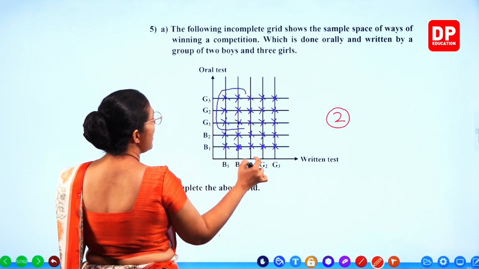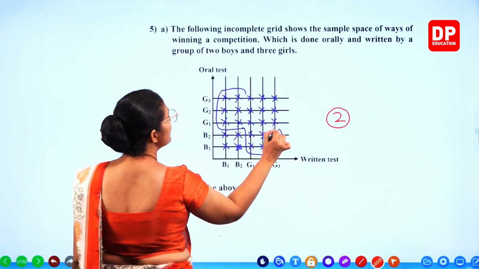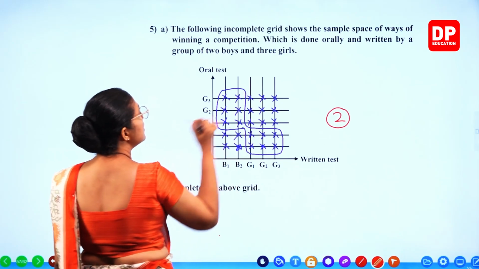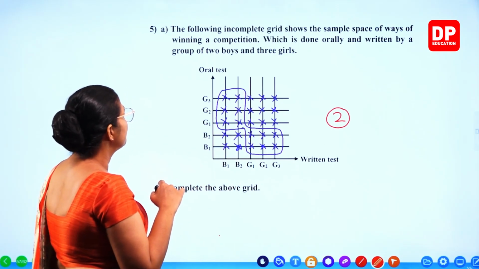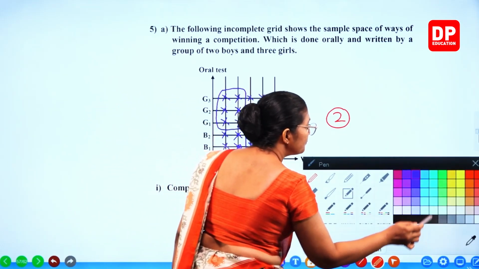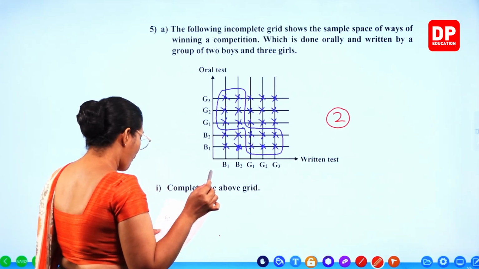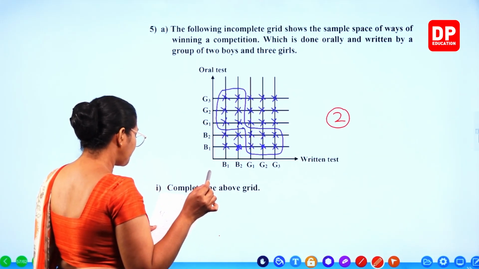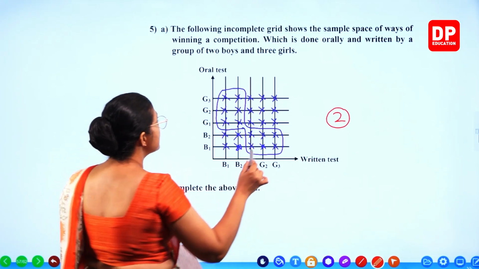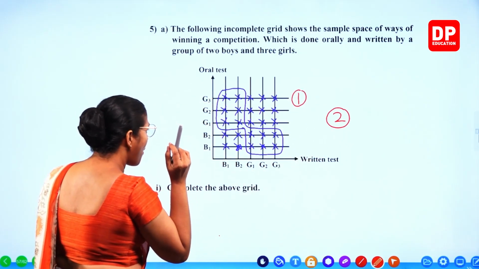So, this part. And if it's a girl, this one should be a boy. So, you have to encircle like this. So, for that you are getting one mark for encircling this and 1 mark for calculating the probability.